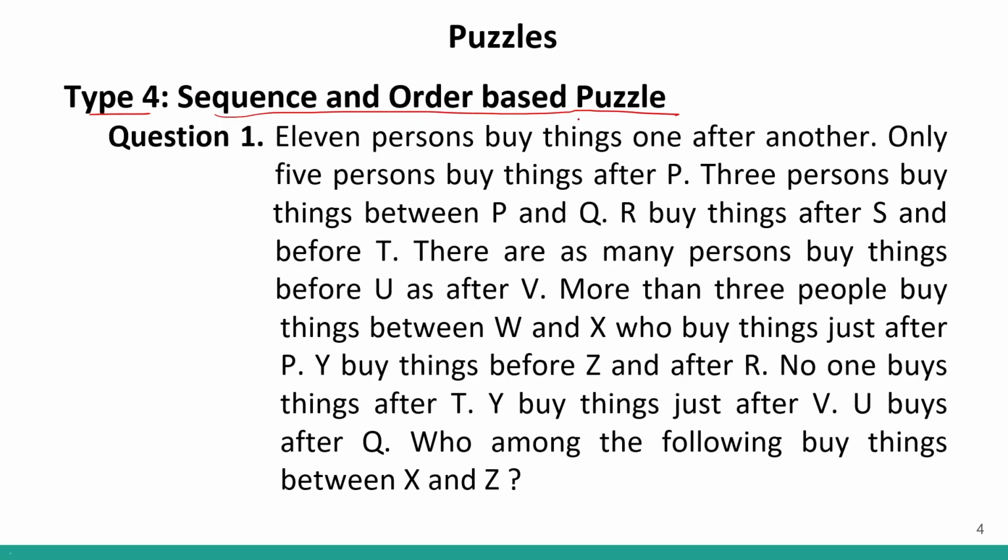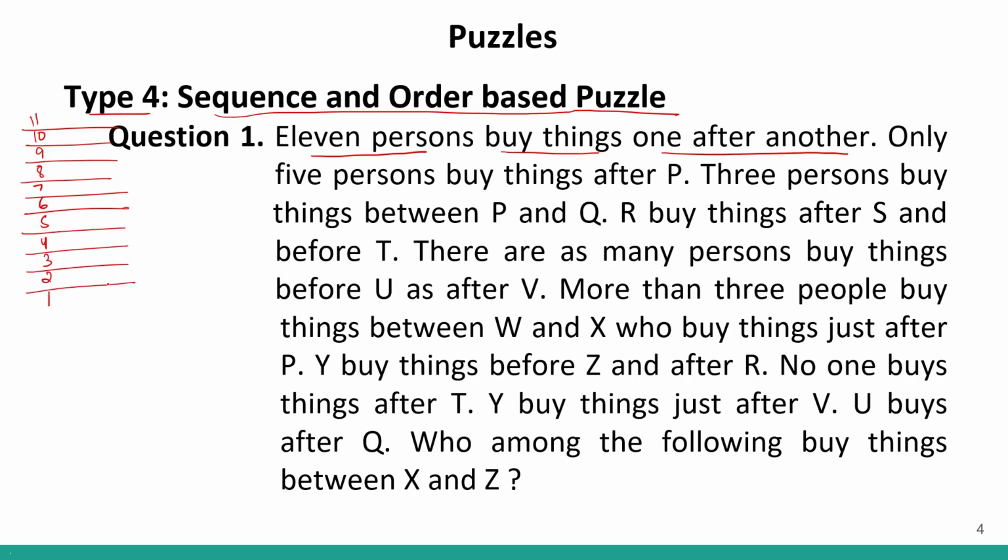Type 4, sequence and order based puzzles. Now, it is given to us that 11 persons buy things one after another. So there are total 11 persons: 1, 2, 3, 4, 5, 6, 7, 8, 9, 10, 11. Now, whenever we solve questions on sequence and order based puzzles or any type of puzzles, make sure that you consider each and every possibility.